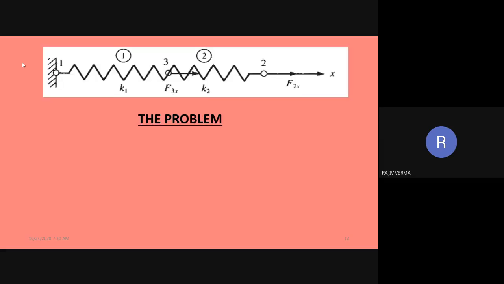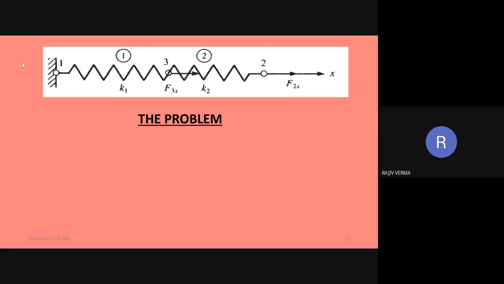So the example which we are going to take is a very elementary one. Since it is elementary, it has to illustrate the feature of assembly also. So the simplest example which we can take contains only 2 elements, element number 1 and element number 2. Correspondingly, there are 3 nodes.